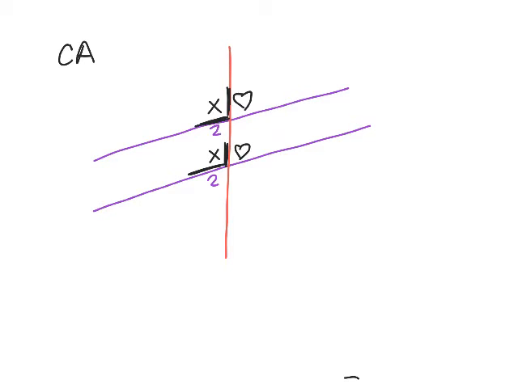So just get used to the idea that corresponding angles are on the same side of the transversal and they are in the same position. Okay, so the same position meaning in the intersection they're either in the upper right, upper left, or lower right, but they have two that match. And those are going to be congruent angles as well. So that's going to be something that we just have to kind of memorize.